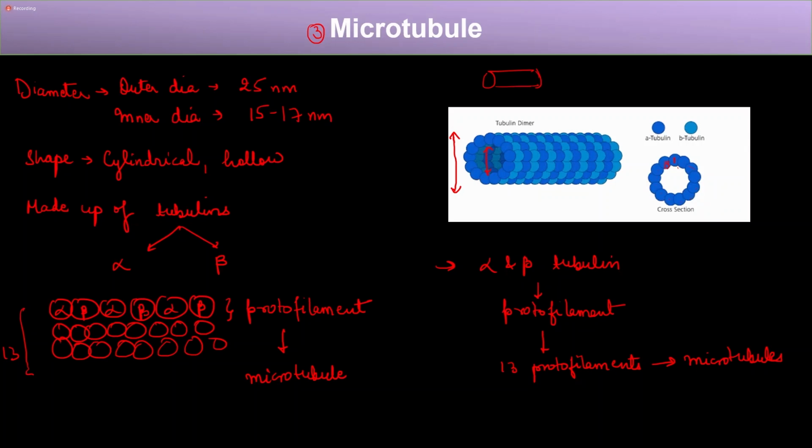Okay. Now, the next thing that we'll study is where these microtubules are present. These microtubules are present in the cytoplasmic matrix. Apart from the cytoplasmic matrix, these are also present in surface structures such as cilia and flagella.